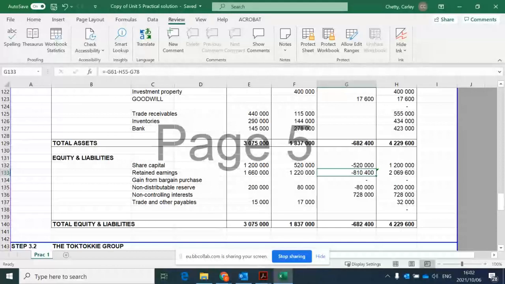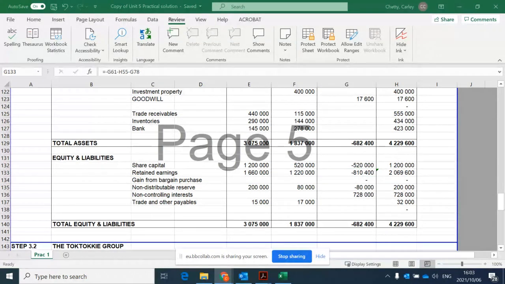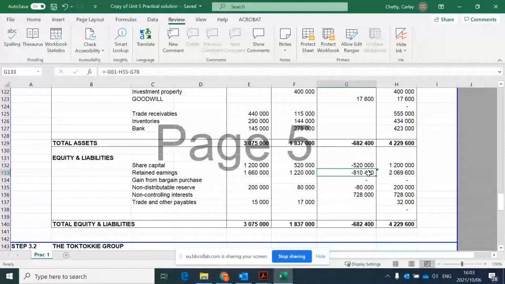So we're basically adding three negative numbers, and that is how we got this negative number here. You can think of it as adding or subtracting a negative number minus another negative number minus another negative number, or you're adding three negative numbers. Doesn't really matter. Both of those will get you this answer here. Okay. So that is retained earnings.